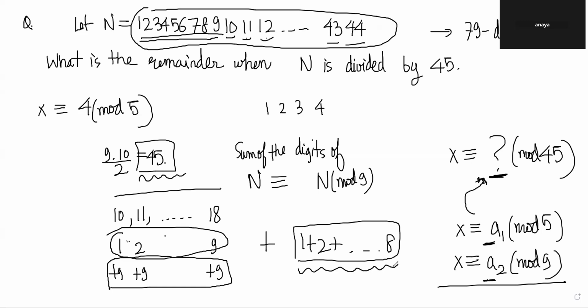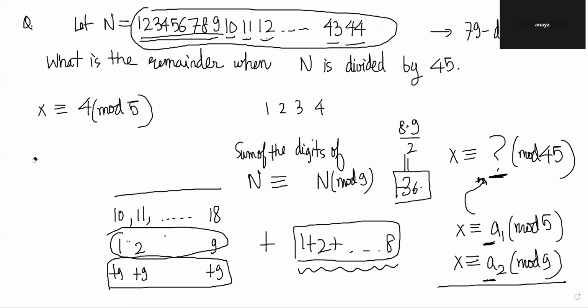That will be 8 into 9 by 2, so that's also 36. So this is also divisible by 9. Do you realize that everything is coming divisible by 9? Yes. So finally we have figured out that this is 0 mod 9, right?